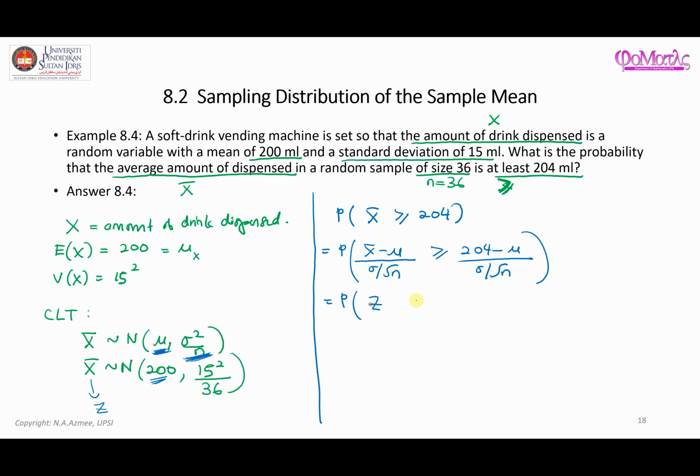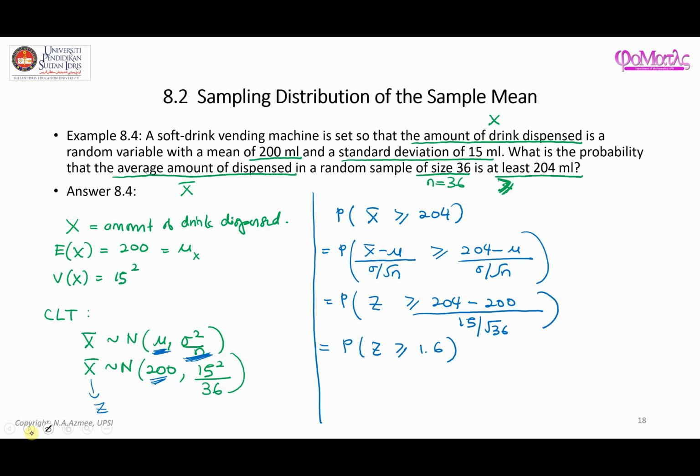So z is greater than or equal to 204 minus 200 over the standard deviation, 15 over square root of 36. You will see that we are looking to find the probability that z is greater than or equal to 1.6.